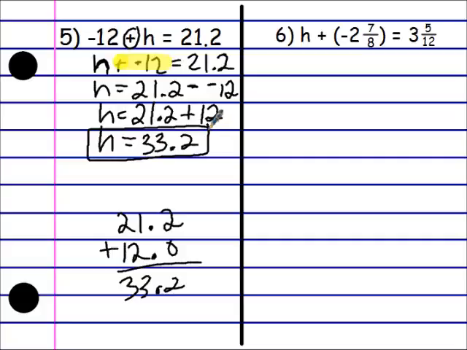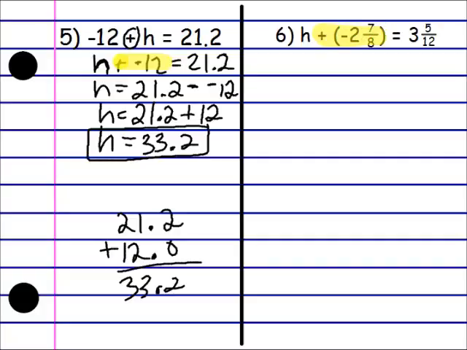Example 6. This one we have not only a negative, but we also have fractions, so this will be a good review. Here we start with the variable, so we don't need to rewrite it. We're able to go ahead and start with step 1. Highlight the number that's on the same side of the equation as the variable.